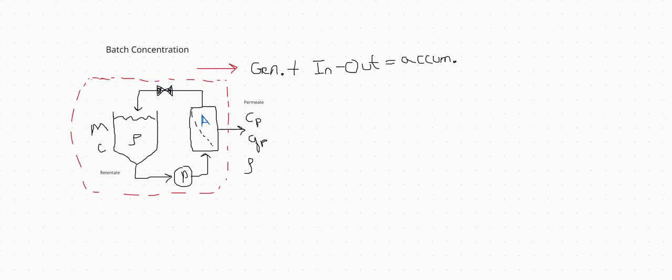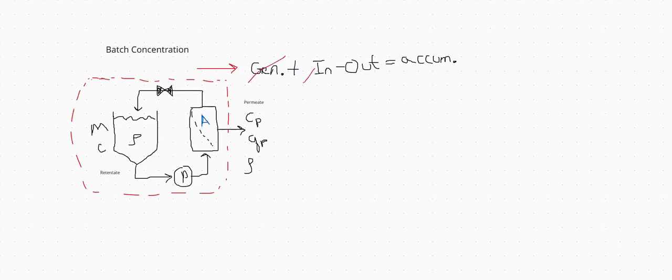And we'll see that there is a generation term. I just wrote gen. It's kind of a pain writing with this mouse. So this is your generation term, and for our purposes here, that's going to be 0. Then we have our in term.